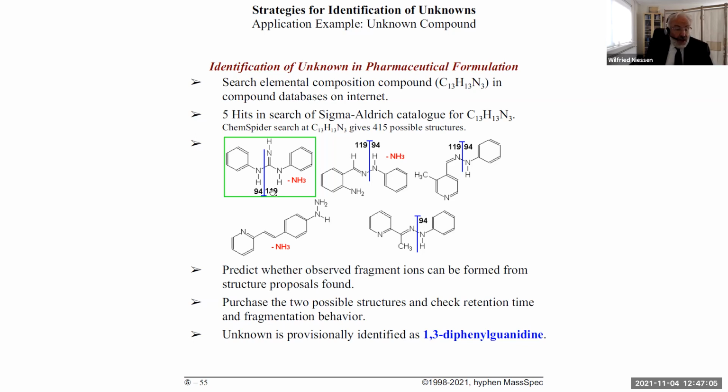And of course, I will never write, I have identified the compound, because all my statements are probability statements. I cannot be sure. You might think of another structure, which could also be possible. Yeah, so that's the way I do this.